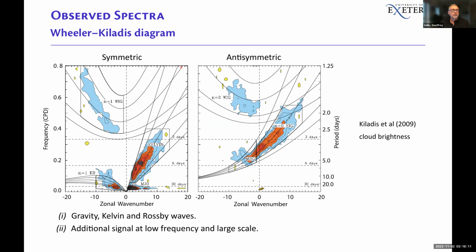These solid black lines are the dispersion relationships for Rossby waves here, the Kelvin wave here, and just ordinary gravity waves up at the top.